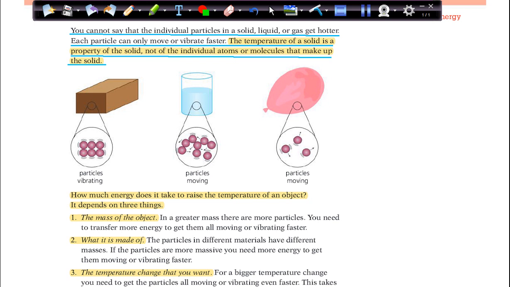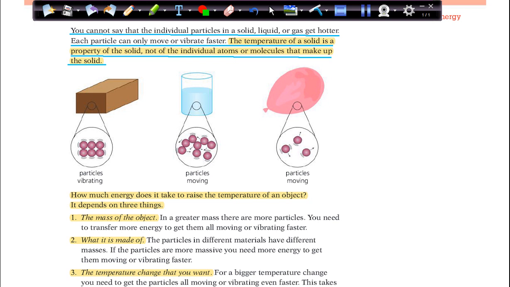Each one of them is different. But here we cannot say that each particle is getting hotter. No, because the temperature of this solid is only a property of the solid, not the property of the atoms.